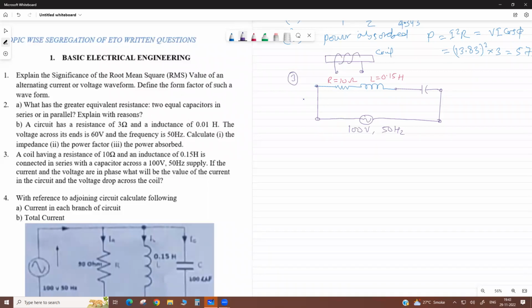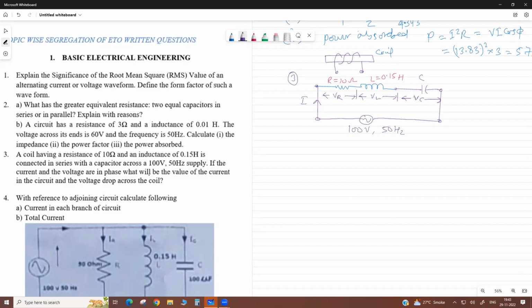Due to this, a current will flow in the circuit. Overall, it is an RLC circuit: voltage across R of the coil, inductor of the coil, and capacitance. This capacitance value is not mentioned. Actually, we are not required it also. And the total voltage applied here is 100 volt.